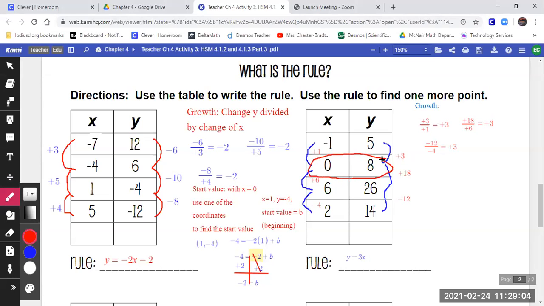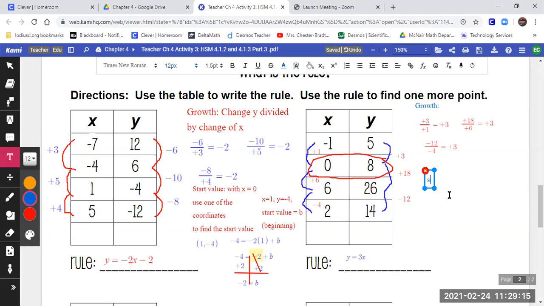But if they don't give us the start value, we have to solve for the B, okay? So what is our start value for this problem? Start value is when X equals 0.